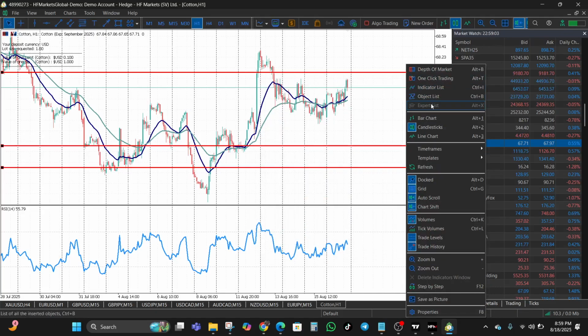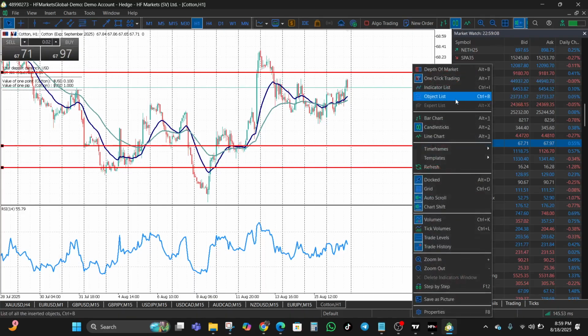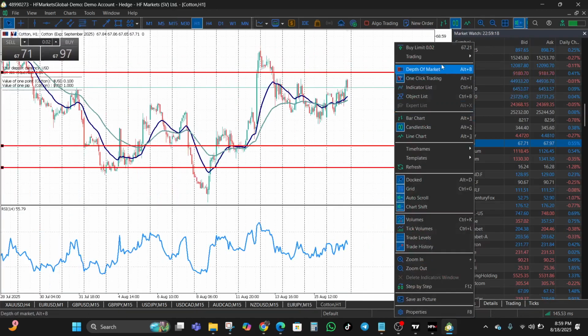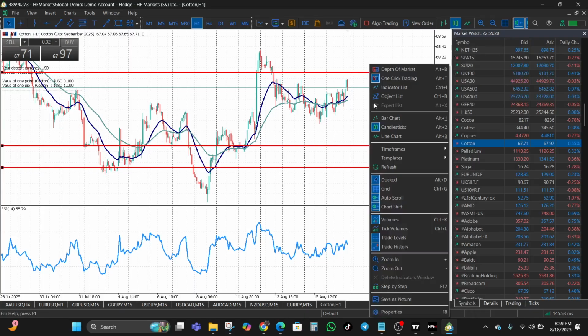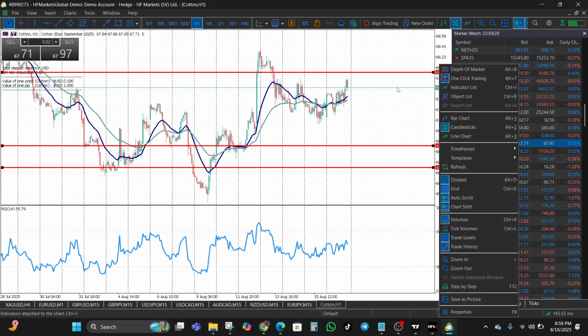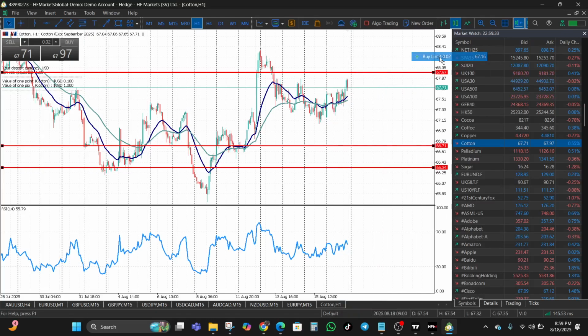I can just right click. If I want to buy around a particular zone, you go to trading. All right, you right click, you go to trading, buy limit.